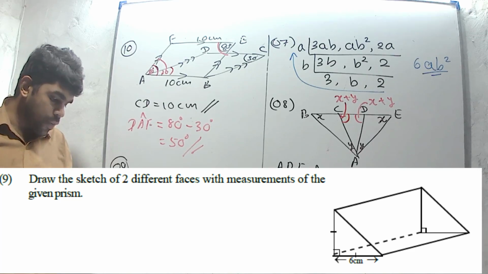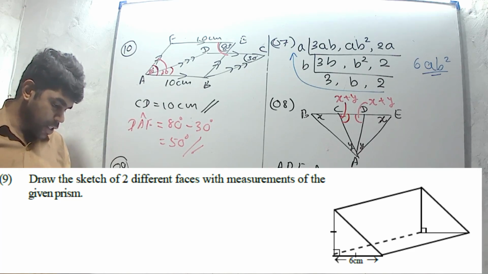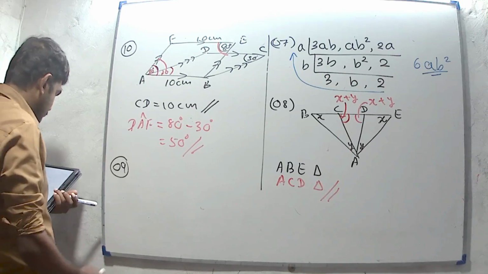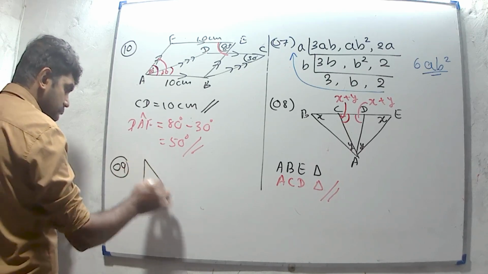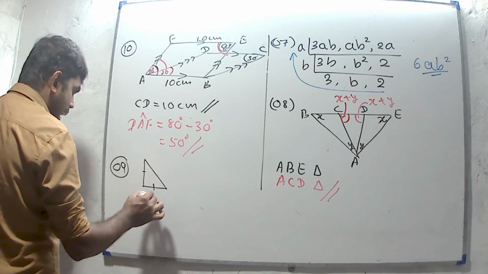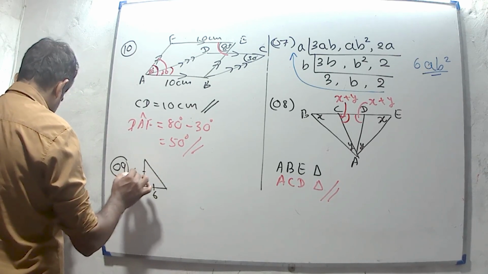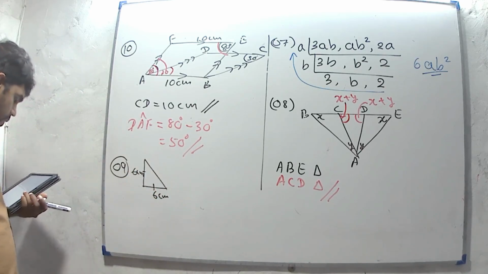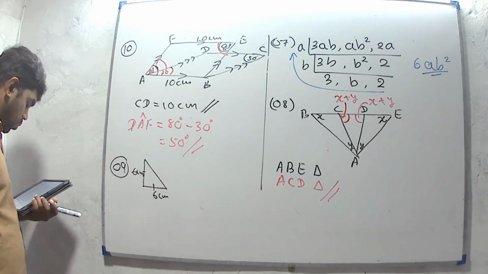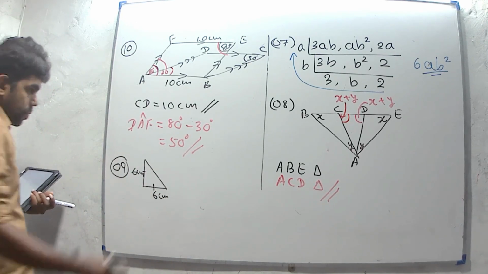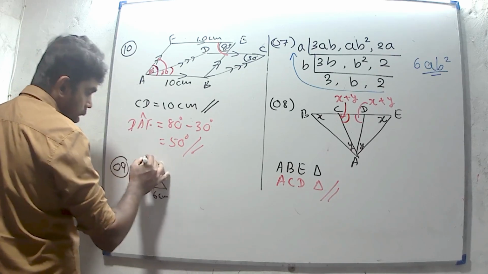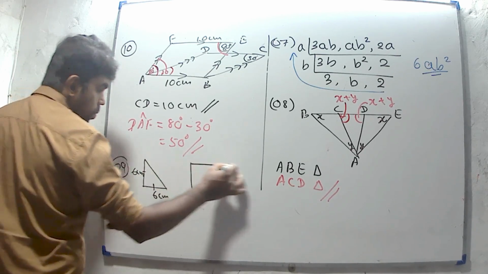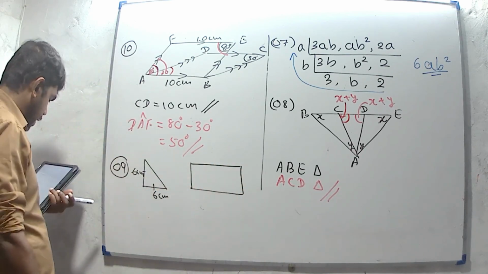Draw the sketch of two different faces with measurements of the given figure. They have not given the length of the prism. We can draw the triangular surface with 6 centimeters, 6 centimeters, and we can draw the rectangle on this side, or any rectangle.